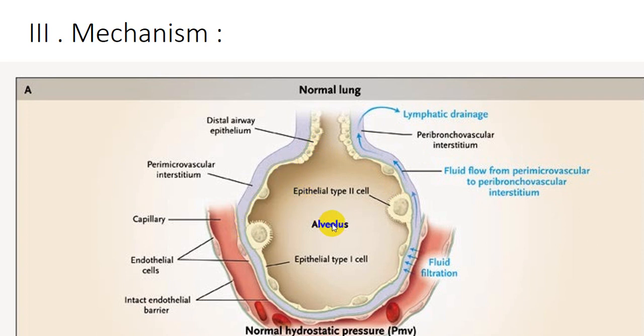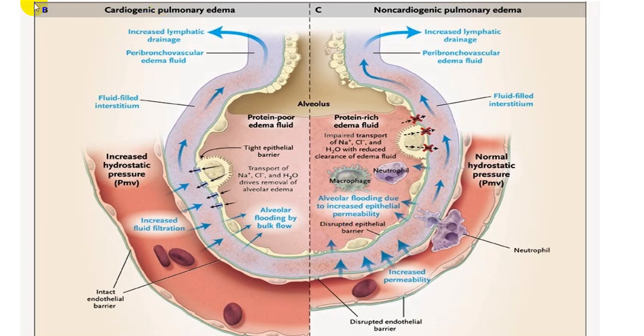And you can see the next picture. B is cardiogenic pulmonary edema and C is non-cardiogenic pulmonary edema.